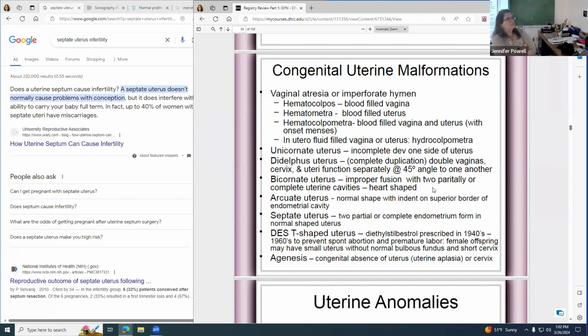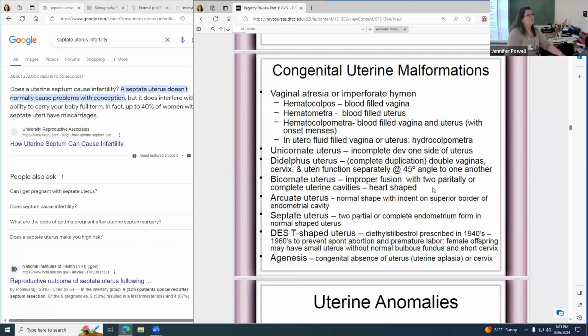Remember, colpos is vagina, hemato blood, so blood-filled vagina. Hematometra, which is a blood-filled uterus. Hematocolpometra, blood-filled vagina and uterus. And of course, this is with the onset of menses.